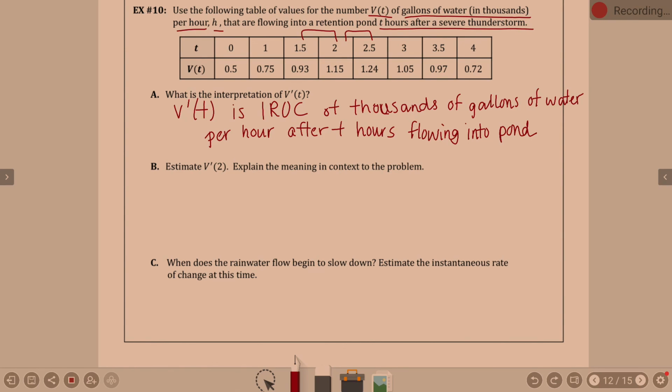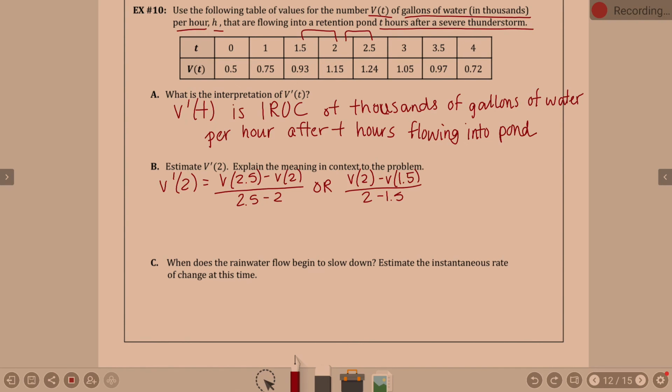So we can either do V prime of 2 as V of 2.5 minus V of 2 over 2.5 minus 2, or you can do V of 2 minus V of 1.5 over 2 minus 1.5.